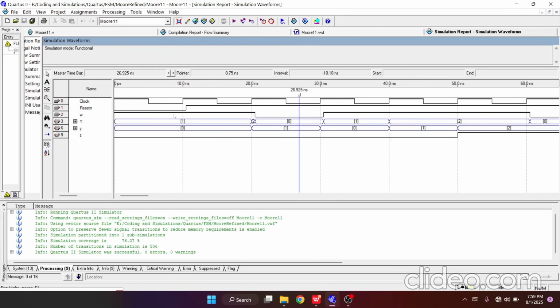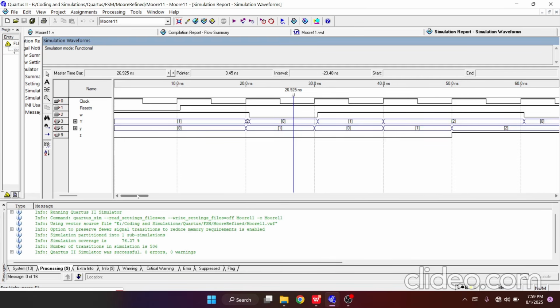So what you can see is that because of this particular reset value at the beginning, this 1 is not being detected here. Just one value of W is considered here, and for only a single one, you will not get Z equal high.